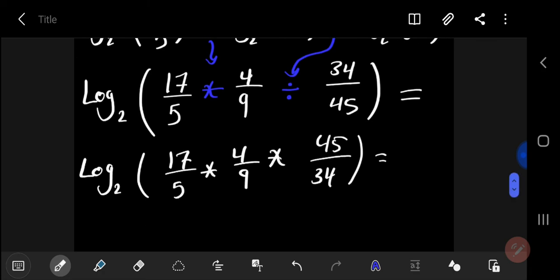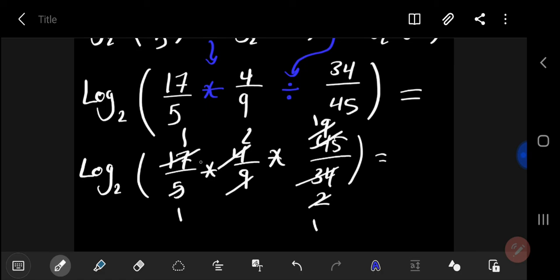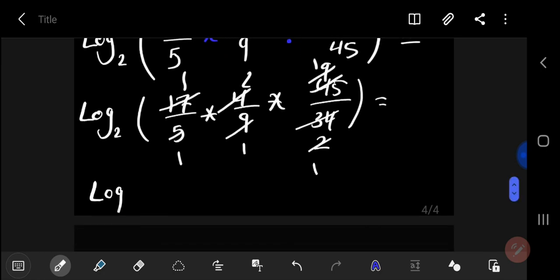Now I will simplify it. 17 goes into 34 two times, and the other factors cancel. So the result will be log base 2 of 2.